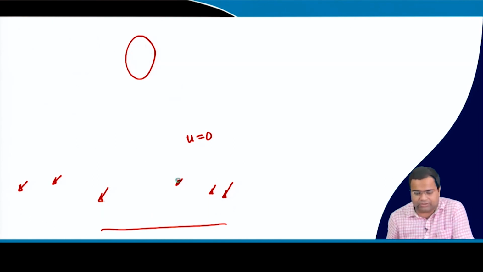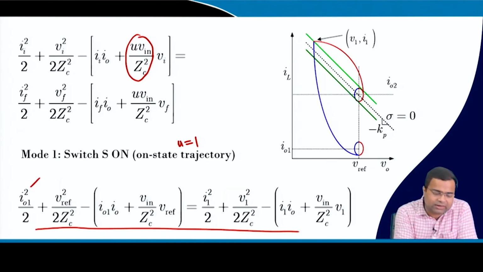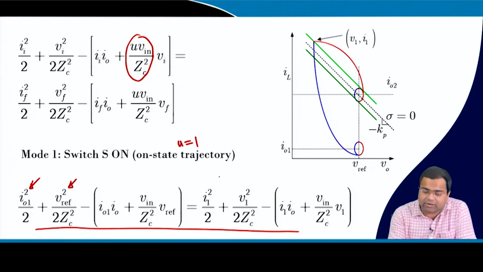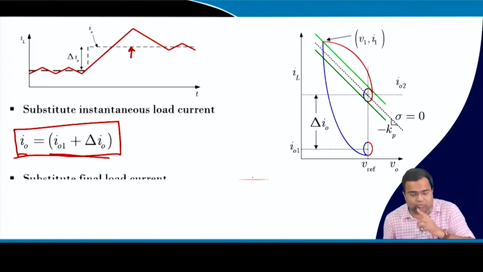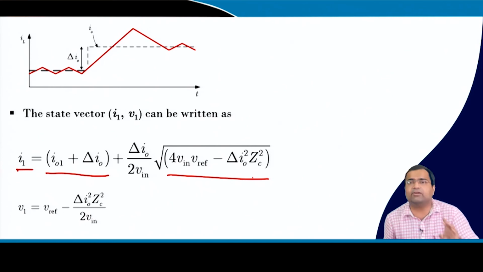And if you go to on state, I01 is the initial state and Vref is the initial voltage. I1 is the final current and V1 is the final voltage. So, by that way you will get two equations, two unknowns, you can solve it for I1, V1.